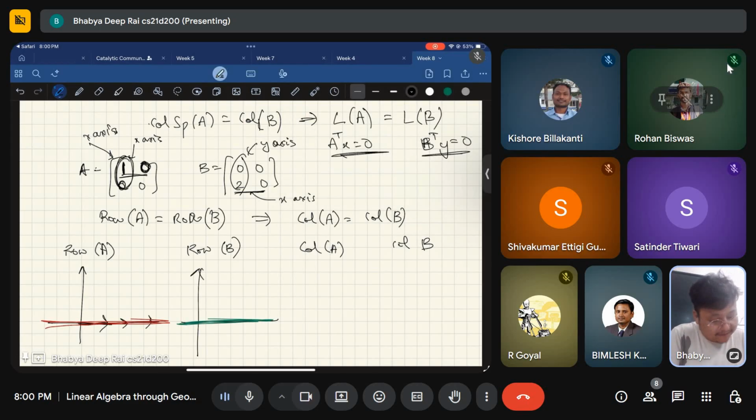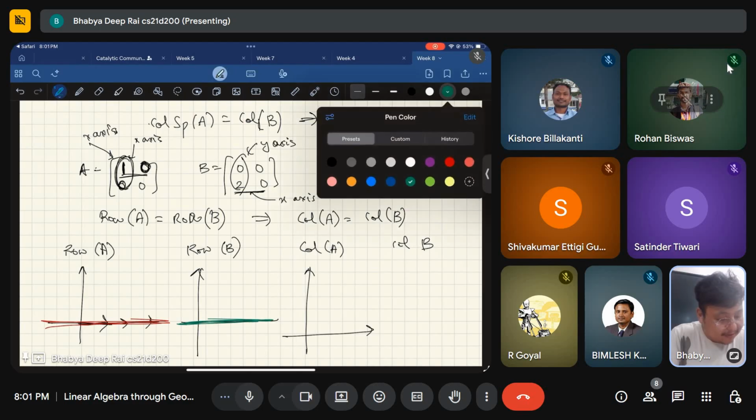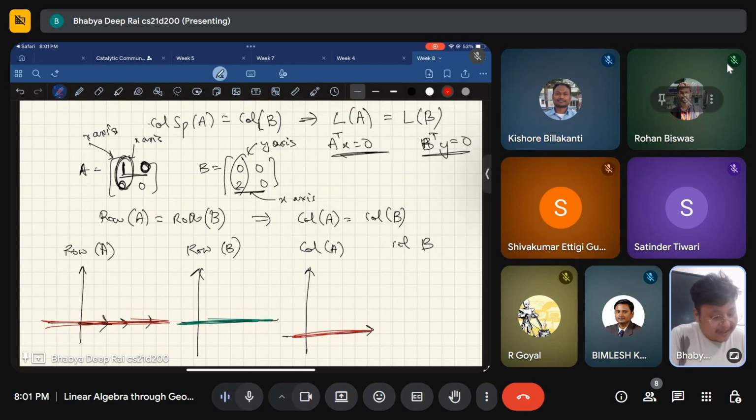This is column space of A. Column space of A again has just the x-axis in it, so this is where A will lie, and column space of B is the y-axis, so this is where B will lie. So you can clearly see that these two are equal, but these two are not. Clear, Kishore?